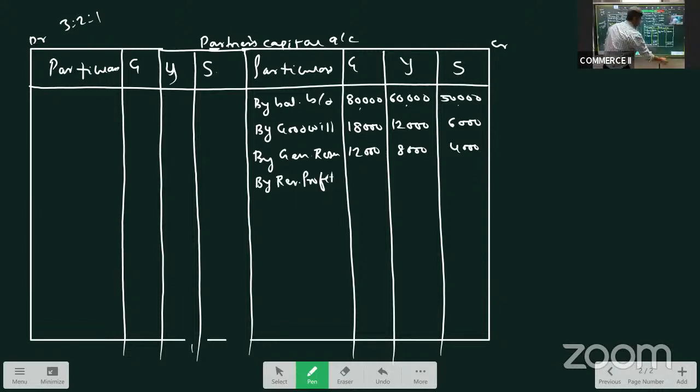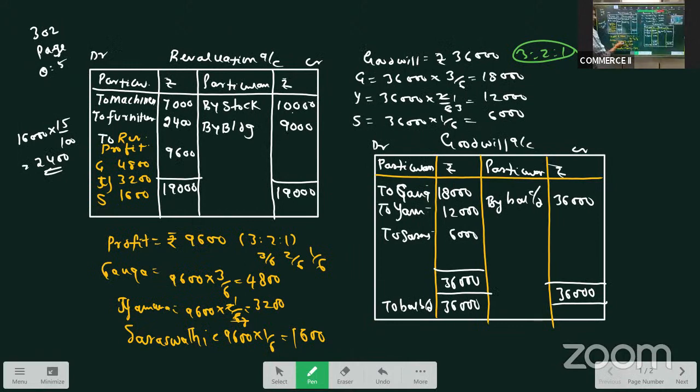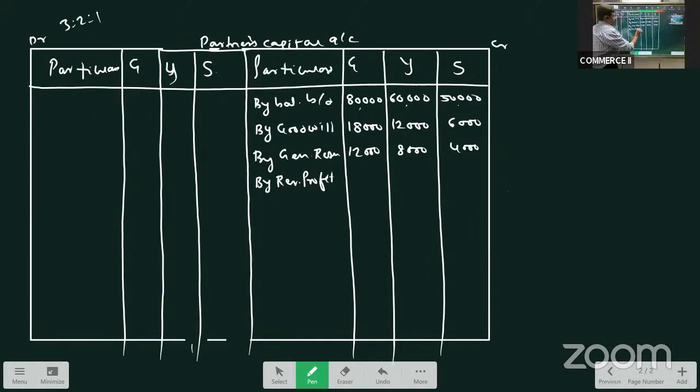What is the revaluation profit we got? We prepared revaluation account, we got 9,600, which was distributed as 4,800, 3,200 and 1,600. Anything to be debited? No.